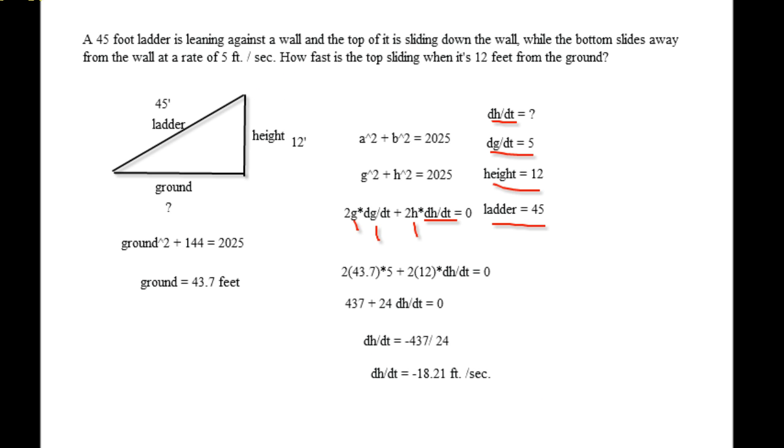Now some of you are probably going, oh, negative velocity, and then you don't think anything about that. But the negative is telling us that it's going down. So this thing's coming down fast. And that makes sense because gravity's going to pull it down faster than it's going to pull it across, because there's no force there.